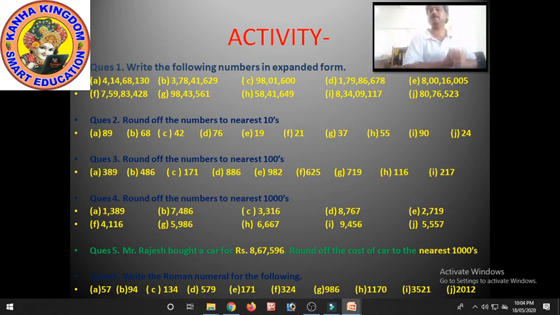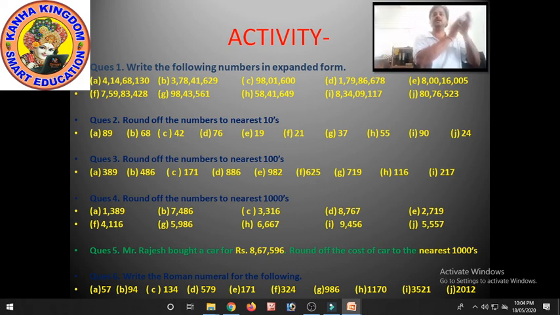3 in the hundreds place, that is 3 into 100 equals 300, plus 2 is in the tens position, that is 2 into 10 equals 20, and 4 in the ones position. So 300, how can we write 300? 300 means 100 plus 100 plus 100, and the value of 100 is C. Very good.